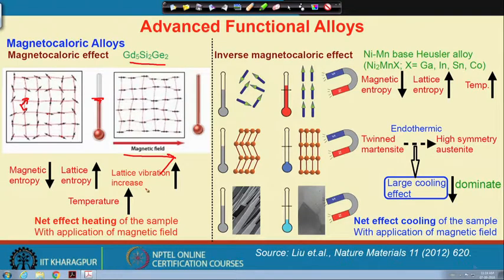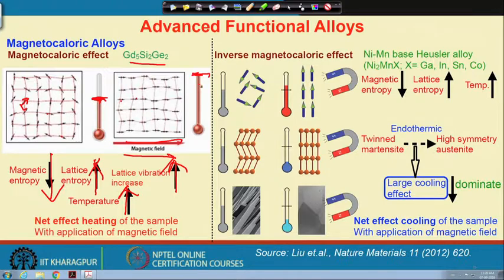What is going to happen? All the spins align along the direction of the magnetic field, so magnetic entropy decreases. Since the net entropy is constant, the lattice entropy will increase. Then the lattice vibration will increase, and so the temperature of the system will increase, from here up to here.